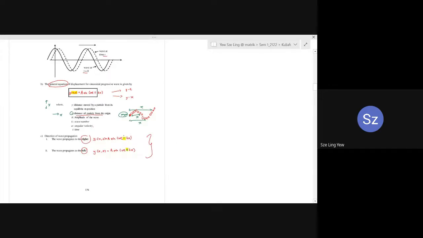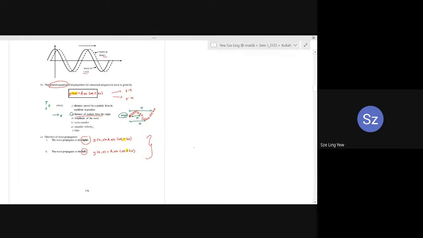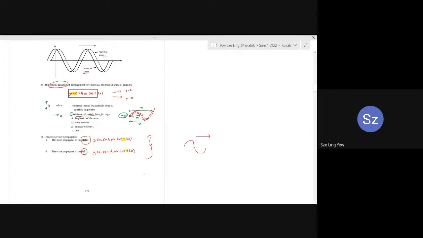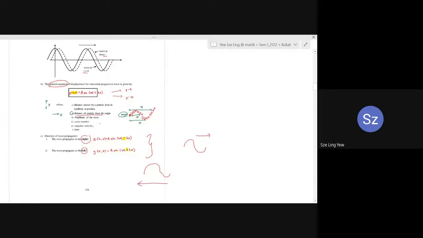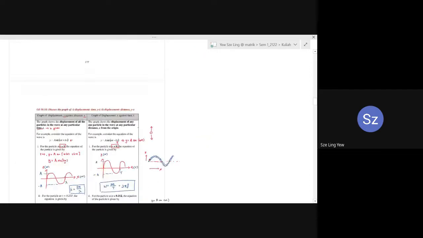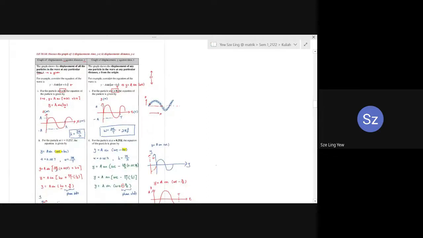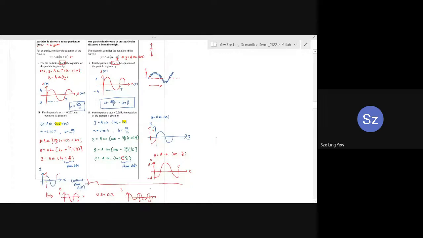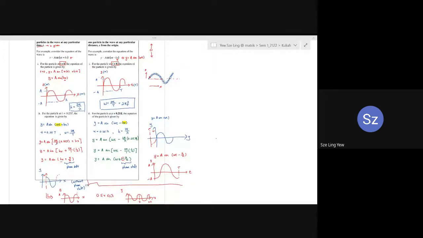So negative means this wave is propagating, the whole wave keeps moving to the right-hand side. If you have a positive, then it means the wave is traveling to the left. So from there, you yourself determine whether you're going to use positive or negative in the equations, and then we proceed to sketching the graph. So that is the difference. Positive or negative depends on the question, whether your graph is now propagating to the right or propagating to the left.